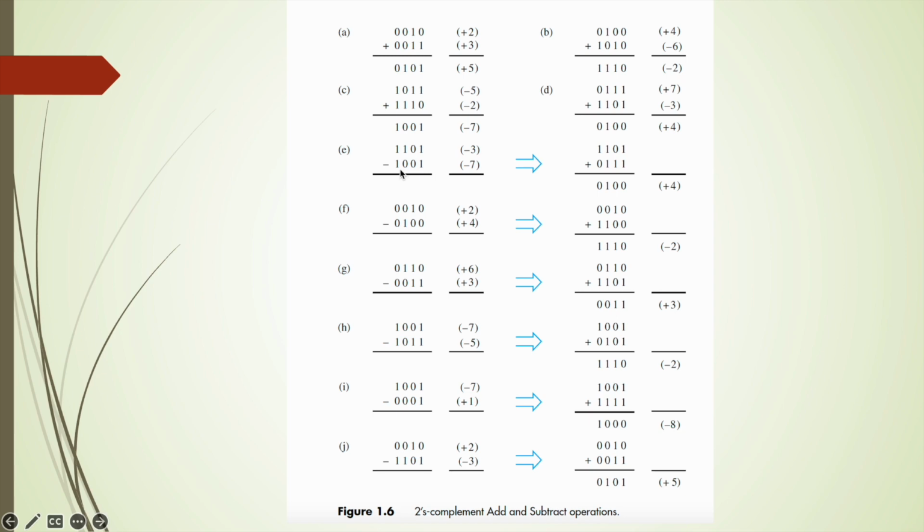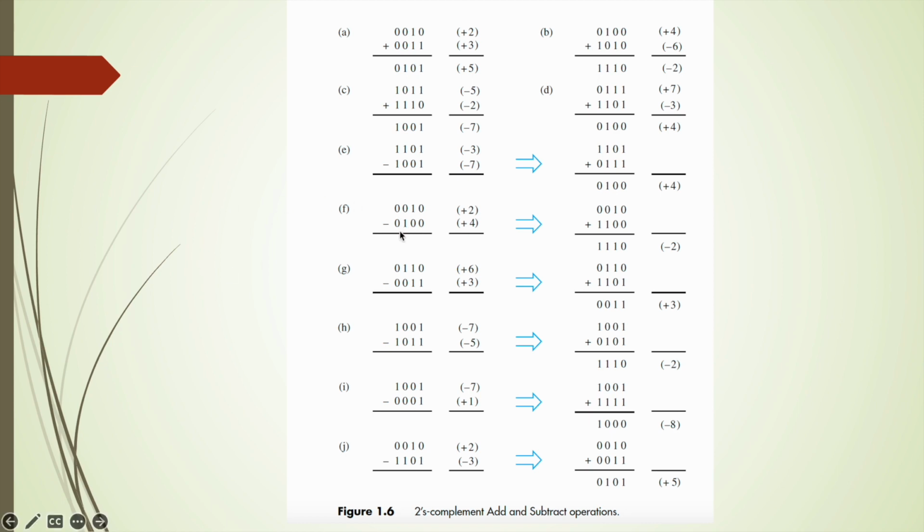The 2's complement of 1001 is 0111. So we have converted this into 2's complement format, and this minus symbol becomes plus here. So we'll just add the two numbers. Wherever we encounter a minus symbol, we just take the 2's complement and only addition is performed.